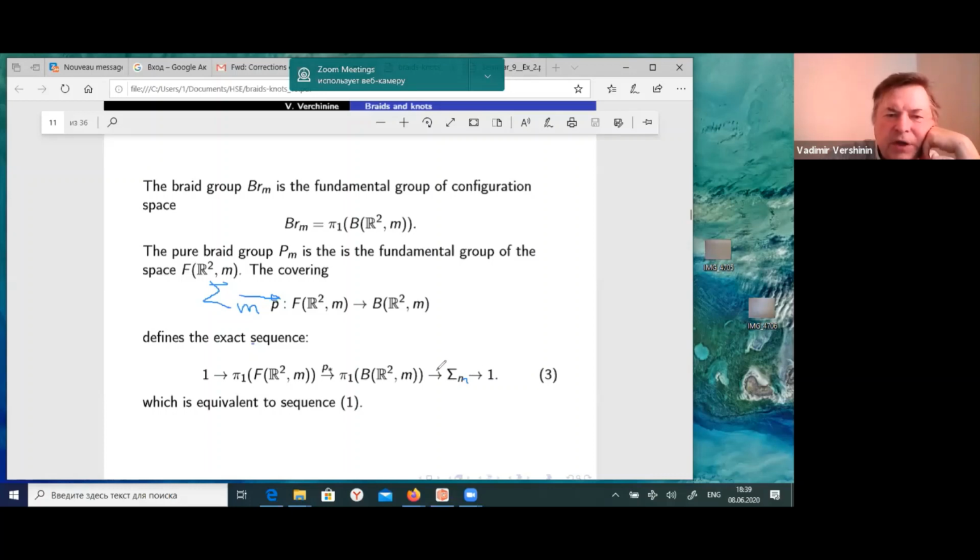So this is the short exact sequence of this covering, better to say. So okay, then let's use this and go further.